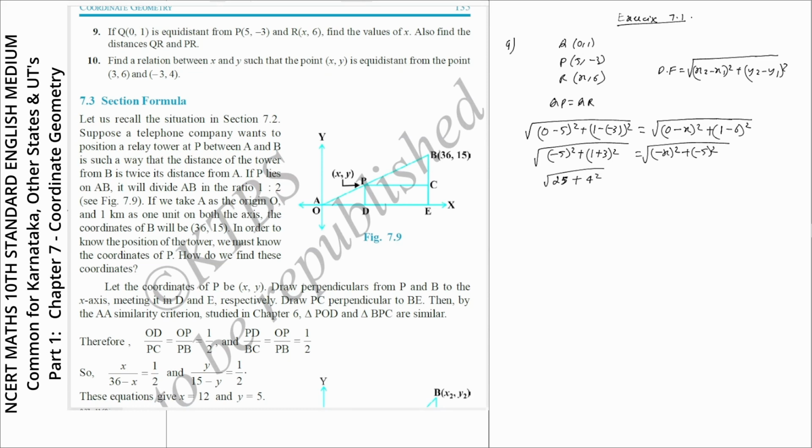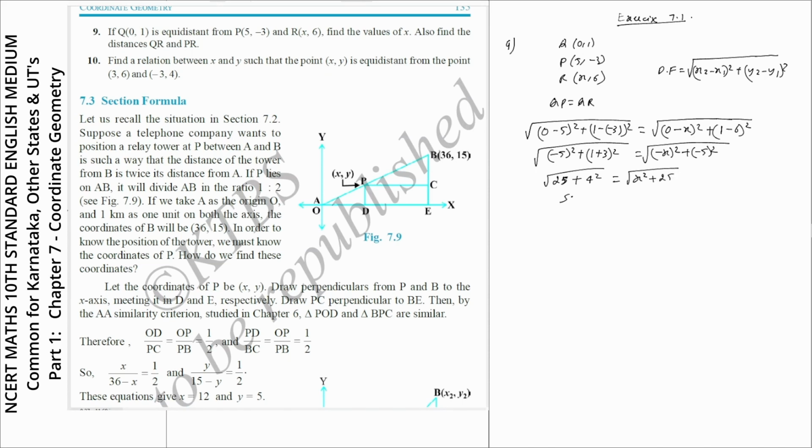Minus x the whole square is x into x, minus x into minus x is minus x square, sorry, plus x square. Minus x the whole square is plus x square. So x square plus minus 5 into minus 5 is plus 25.